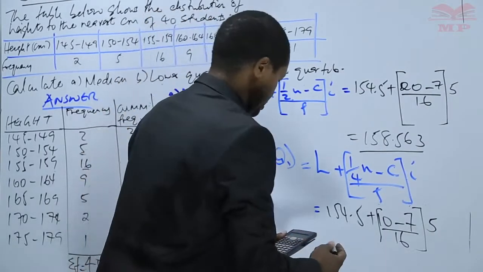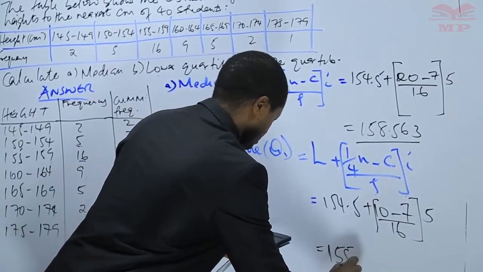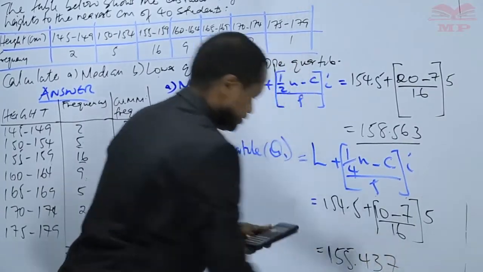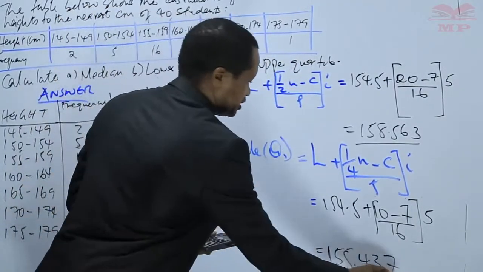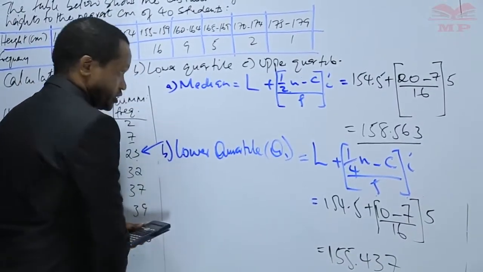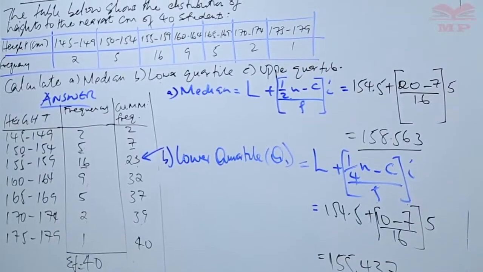The answer here is 155.437. That is the lower quartile.